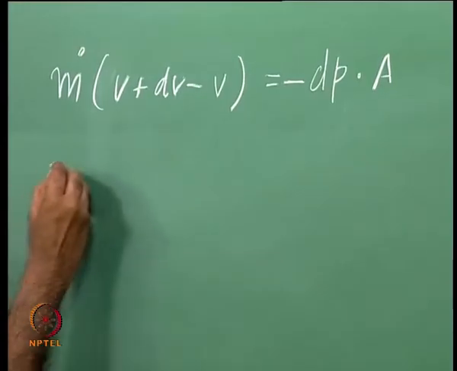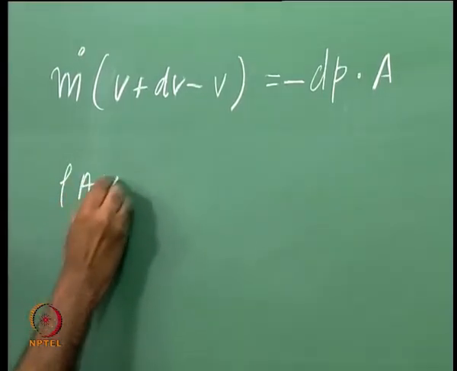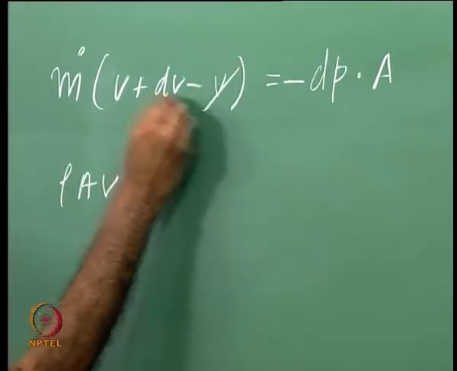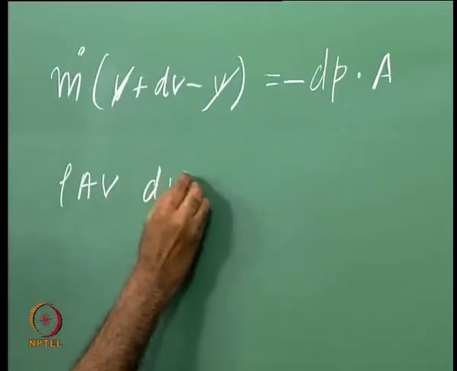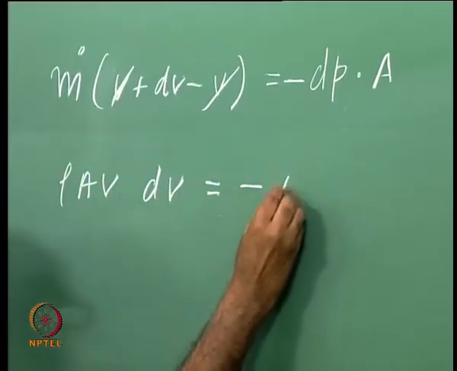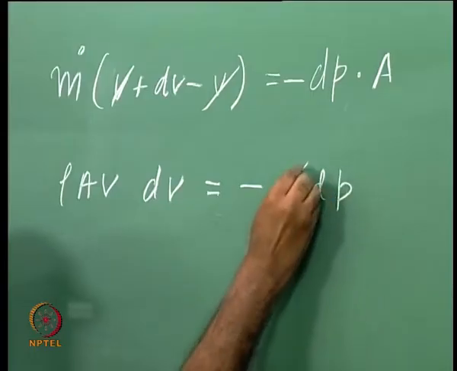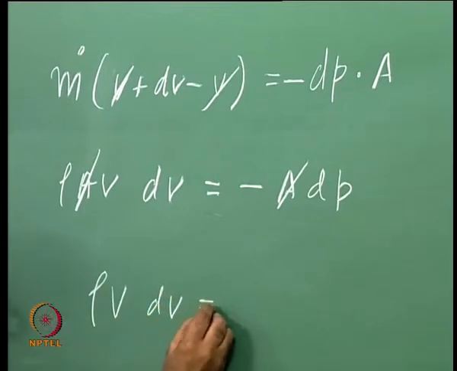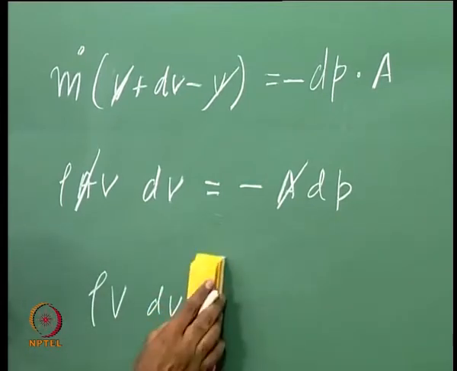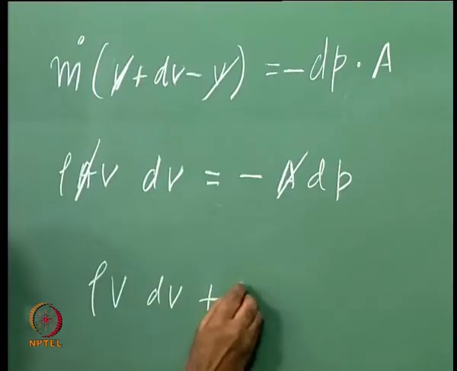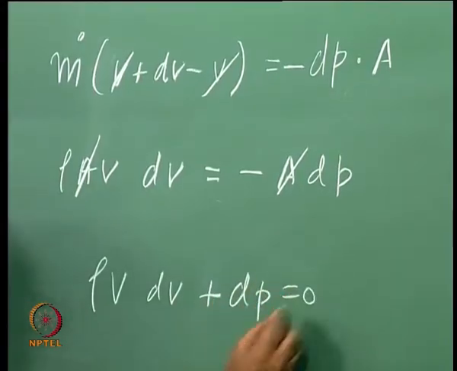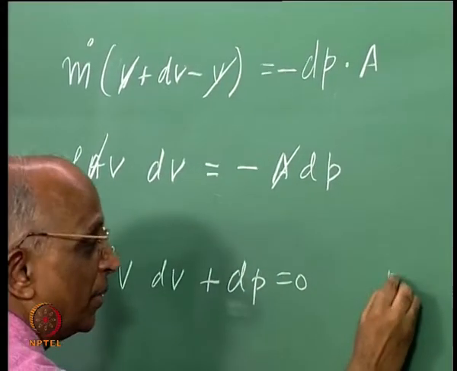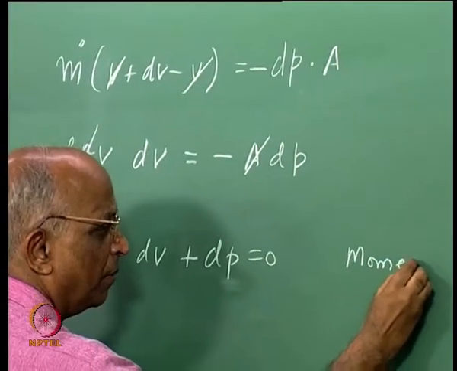And what is m? m is equal to rho AV, and into dV is equal to minus A dP. A and A get cancelled, and therefore I get rho V dV plus dP is equal to 0, which becomes my momentum equation or pressure balance equation.